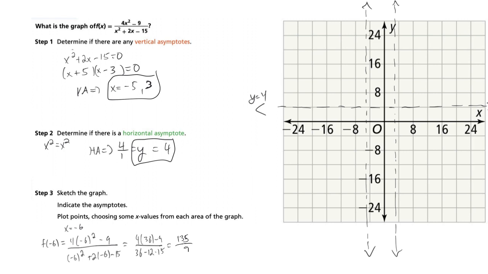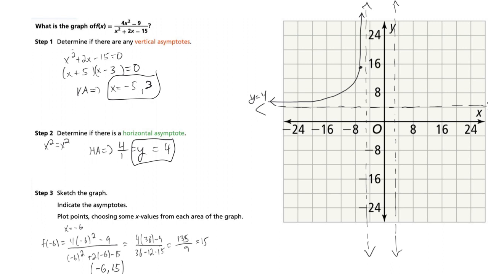And so 135 divided by 9 gives us 15. So negative 6, 15 is a point. Let's plot that point. Negative 6 would be here, and 15 would be here. We know this curve is going to go something like this.